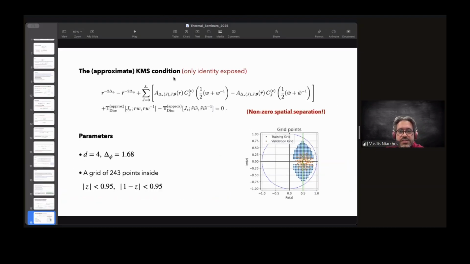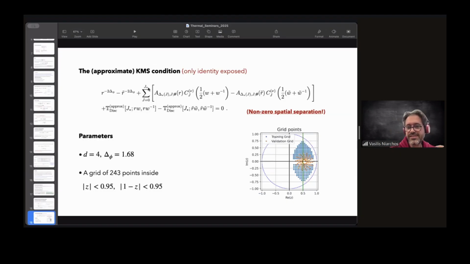The approximate KMS condition with only the identity exposed and everything else put inside the tails looks like this. We have the discontinuity part here, appropriately crossed. The tildes refer to the cross channel. Okay, this is the identity contribution, and everything else is put into the tails, and J star is arbitrarily chosen.